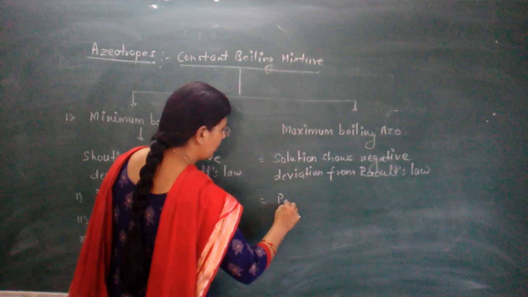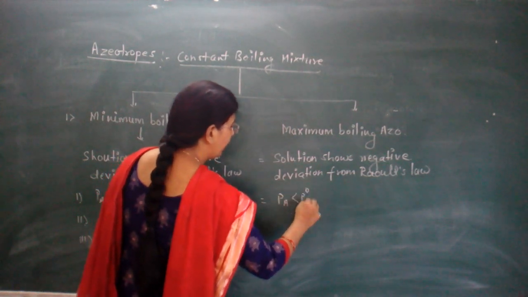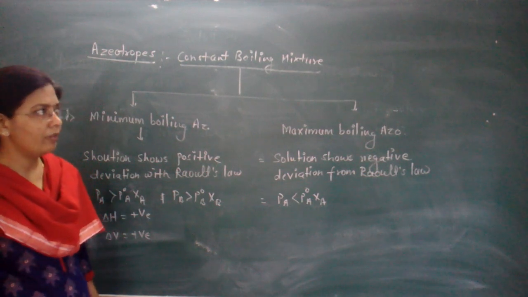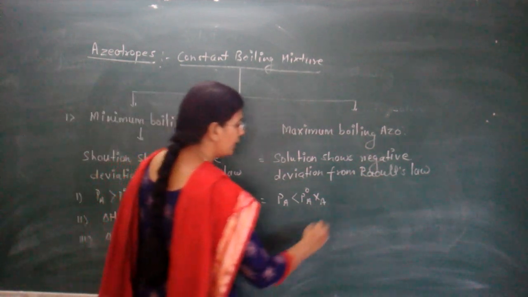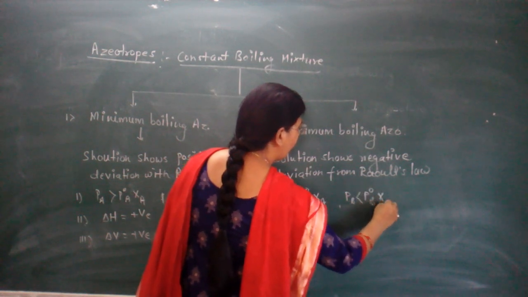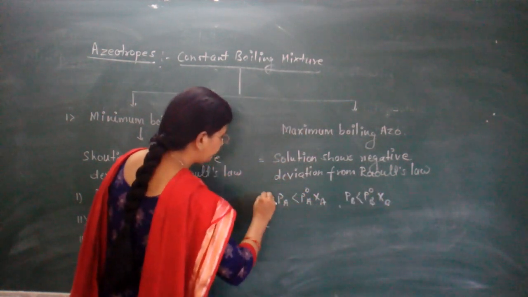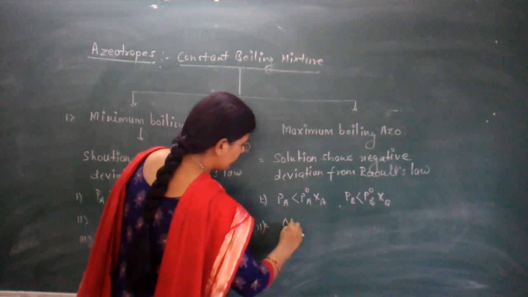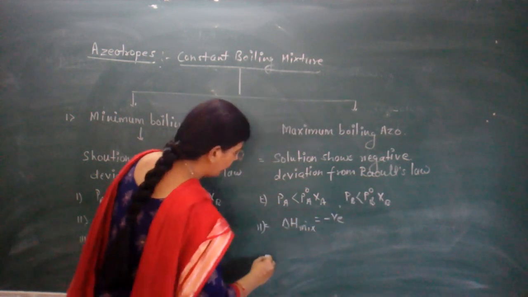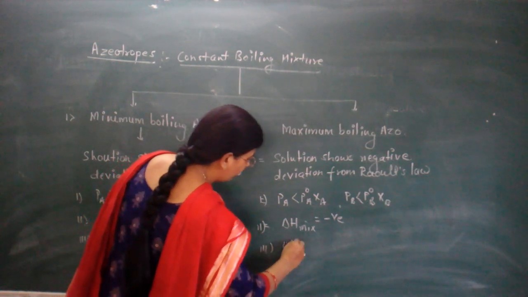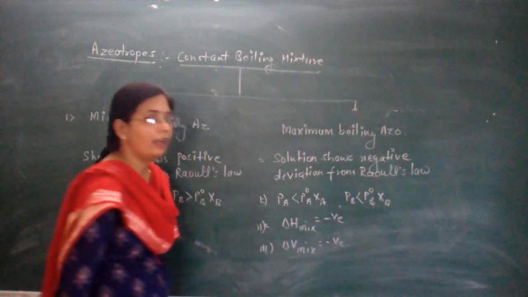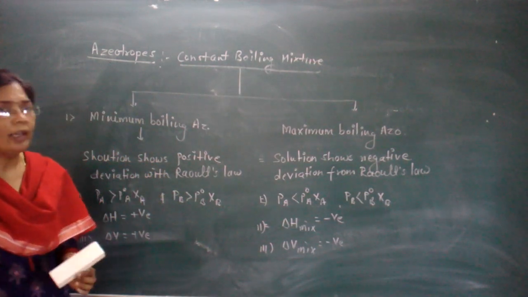The vapor pressure of solvent is less than expected according to Raoult's law. We already saw in the difference in positive and negative deviations. PA is less than P naught A XA and PB is less than P naught B XB. And there is decrease in the enthalpy. Enthalpy decreases, negative, and volume also decreases, means negative. Forms the maximum boiling azeotrope.